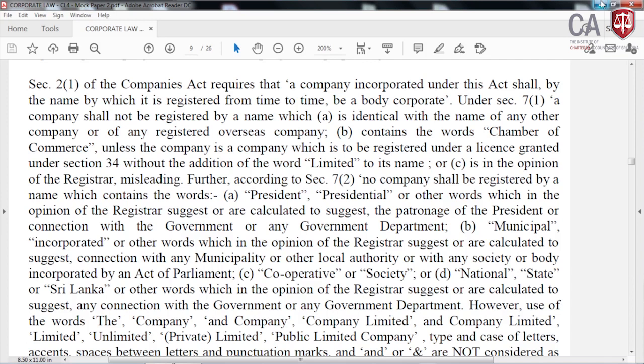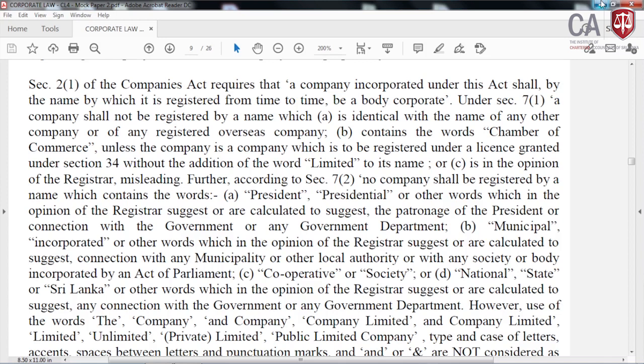Then the names cooperative or society cannot be obtained, or national, state or Sri Lanka, or other words which in the opinion of the registrar suggest or are calculated to suggest any connection with the government or any government department.